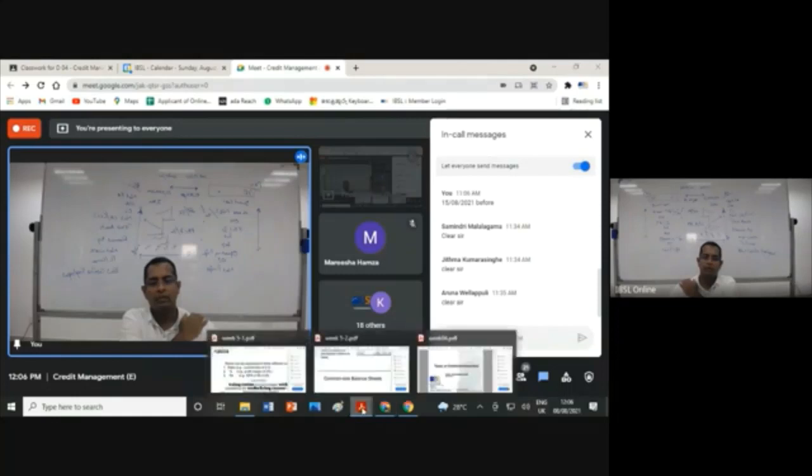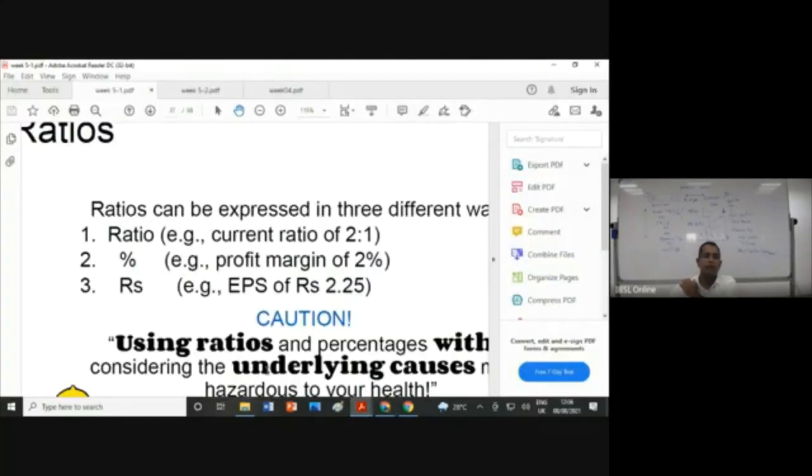Right, so this is one way of presenting ratios. Then the second way of presenting is a percentage. Then even in rupee terms, we can show a ratio. Earnings per share, EPS, is 2.25. It's a ratio, right?